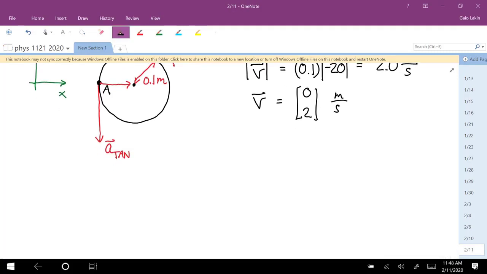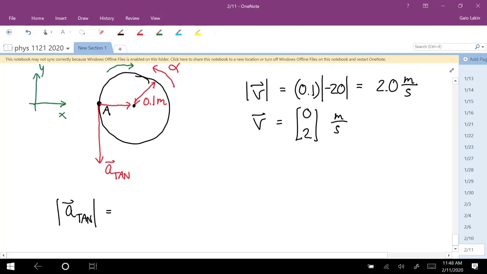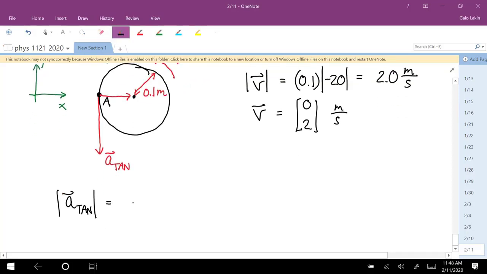Okay, now what about the tangential acceleration? The magnitude of the tangential acceleration is r times the magnitude of the angular acceleration.